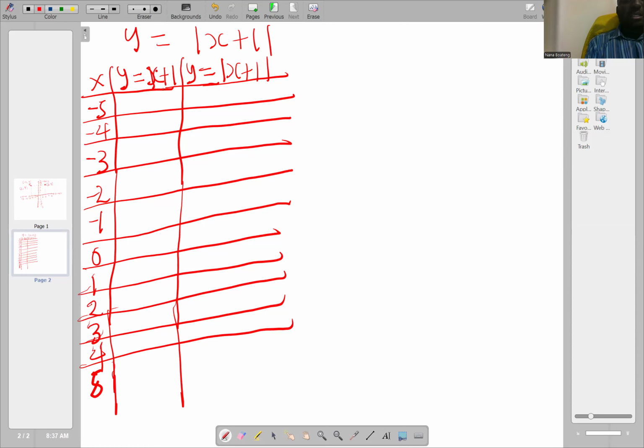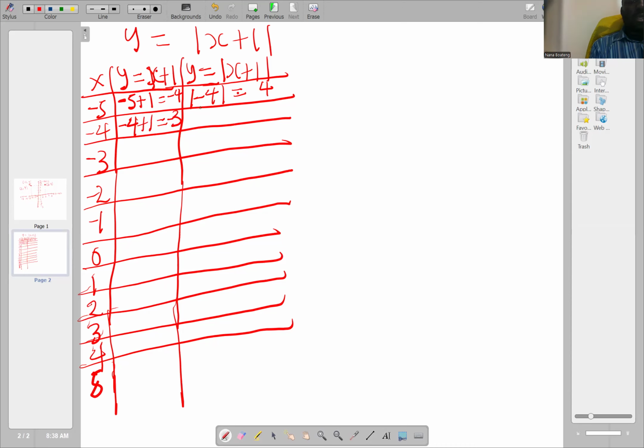All right, so if x is equal to -5, then we have y = x + 1, right? So if x is -5, we have -5 + 1, which is equal to -4. And the absolute value of -4 is equal to 4. If x is equal to -4, we have -4 + 1, which is -3.